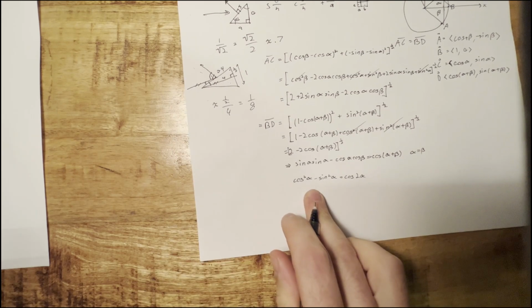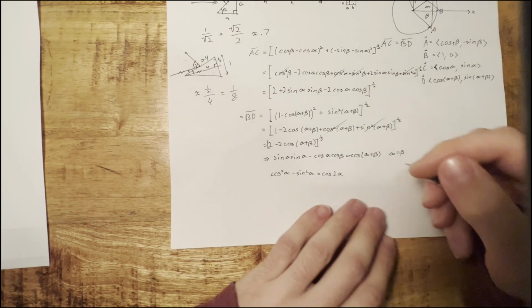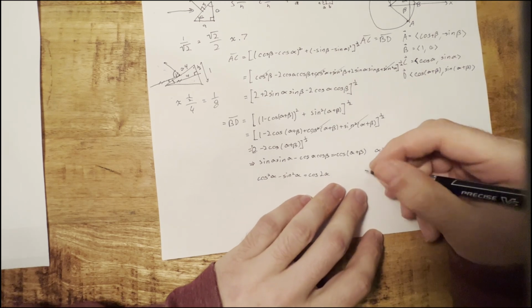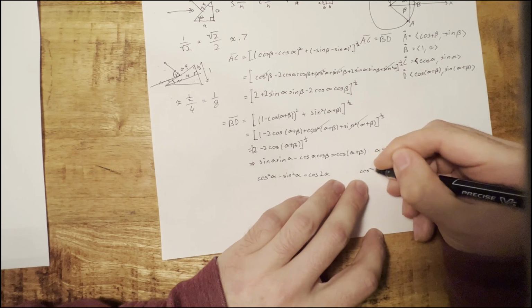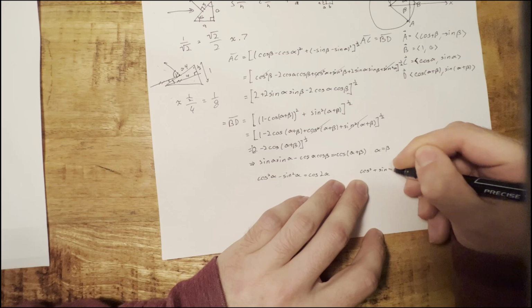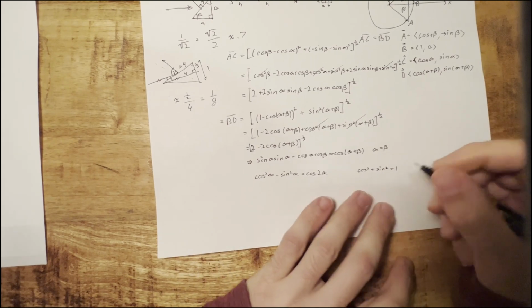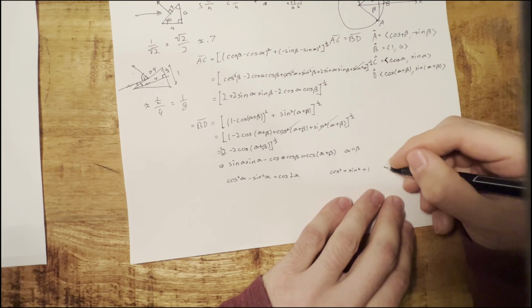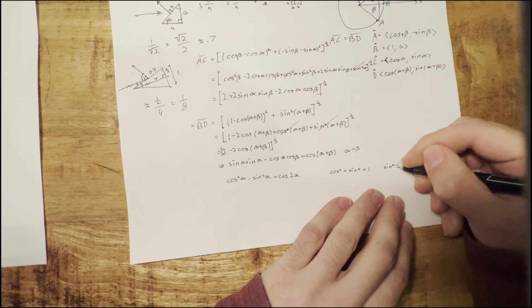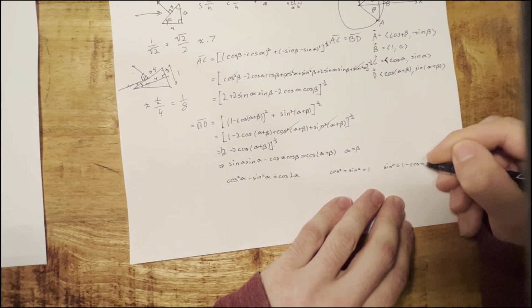Now I'm almost there, and what I'm going to use again, as I've used many times here, is that cosine squared plus sine squared equals 1, or sine squared equals 1 minus cosine squared.